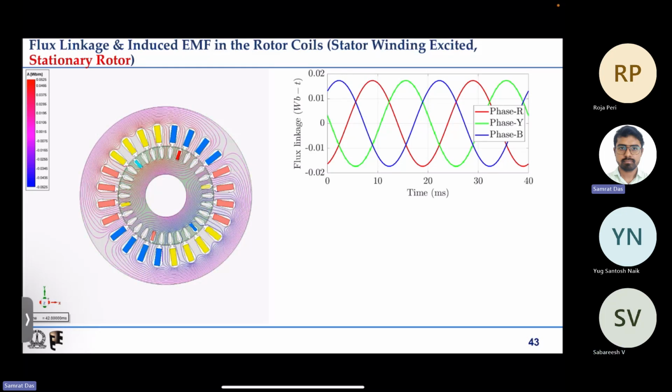And if there is that frequency flux linkage, that means the rotating field generated due to the rotor currents will be rotating at 3000 rpm only. So there will be torque production.